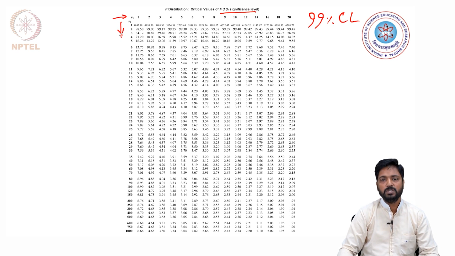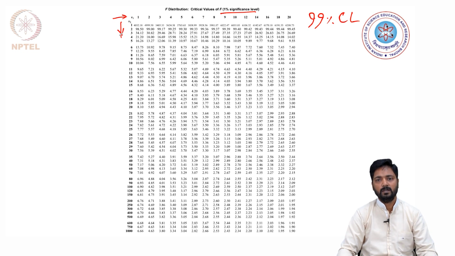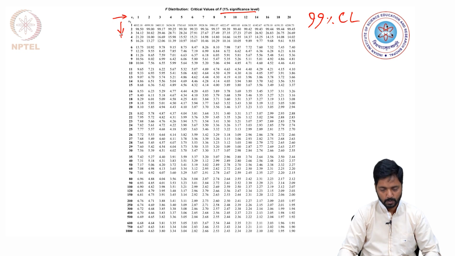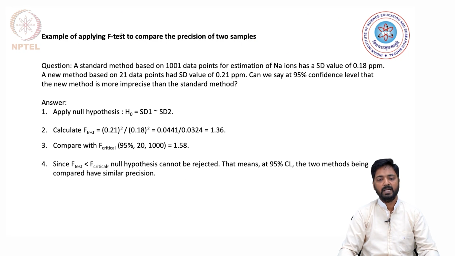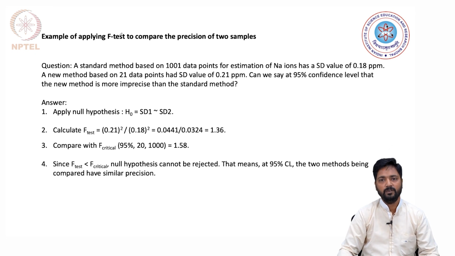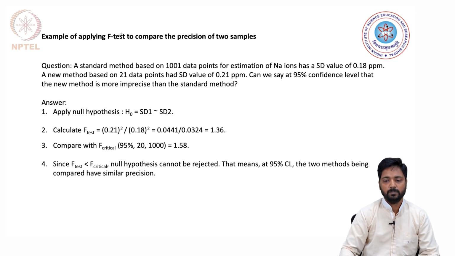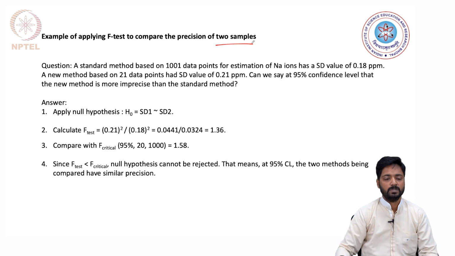So we can utilize the F table and conduct the F test to compare the variances or the precisions between two samples that are being compared. Let us actually apply this F test to compare the precision of two samples.